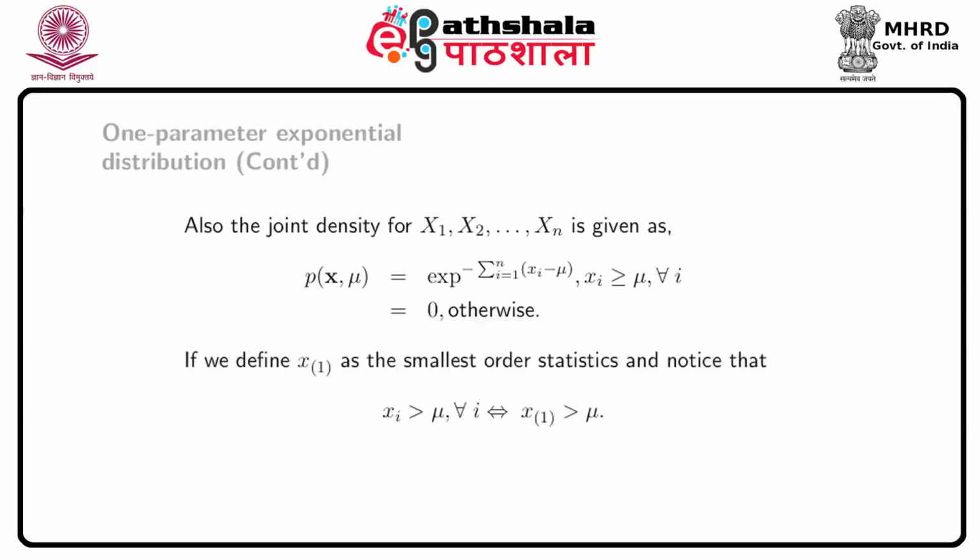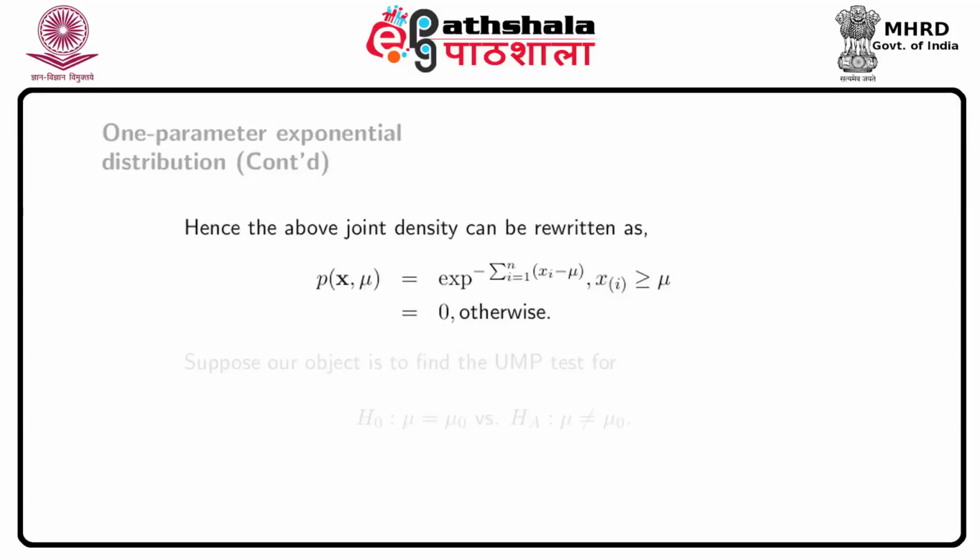If we define x(1) as the smallest order statistic, and notice that xi greater than or equal to mu for all i is equivalent to x(1) greater than or equal to mu, hence the above joint density can be written as p(x, mu) = exp(-summation i from 1 to n (xi - mu)), with x(1) greater than or equal to mu, and 0 otherwise.